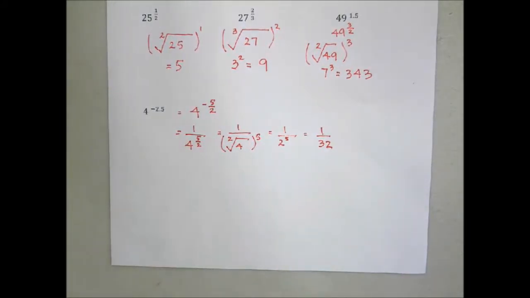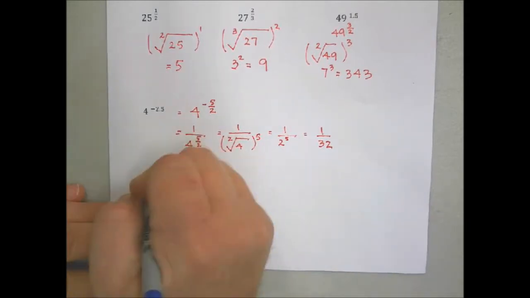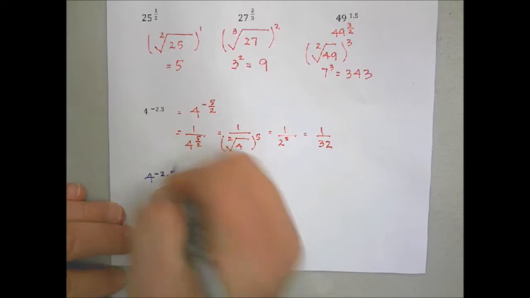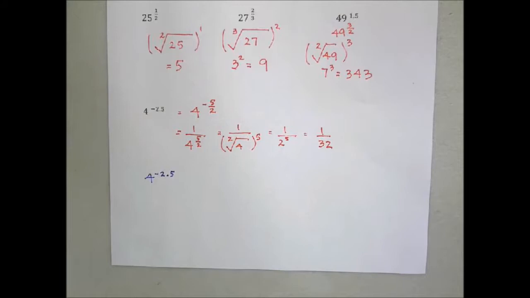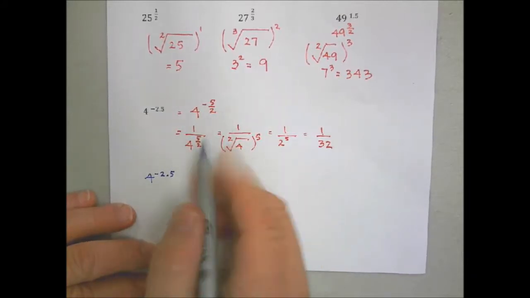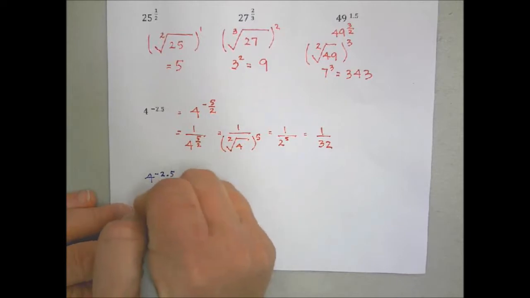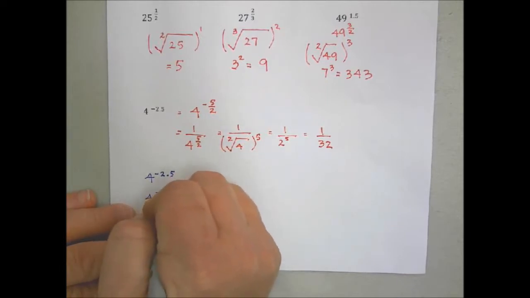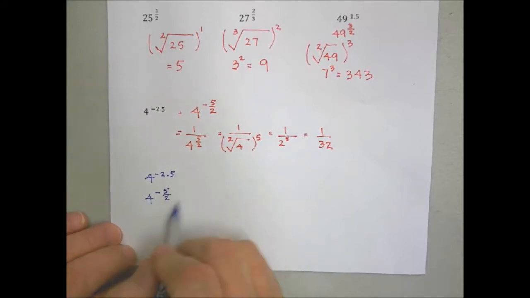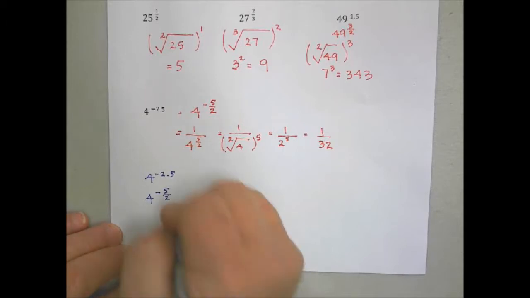Now, we could have taken a totally different approach with this. Let's rewrite this problem again as 4 raised to the negative 2.5 power. Now, what I could do, I still have to change it to 4 to the negative 5 halves power. But the first step I could do, instead of dropping the 4 down to the denominator like I did right here, I could go ahead and apply the new rule that we just learned.